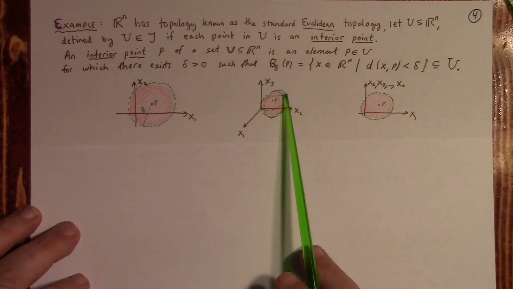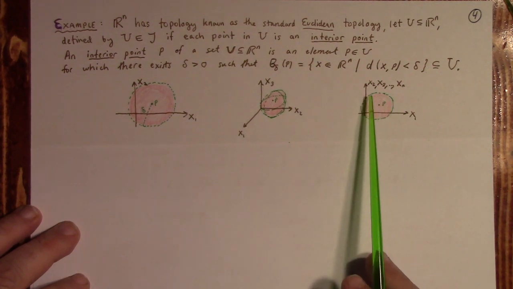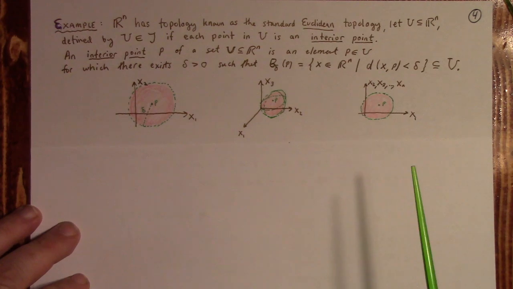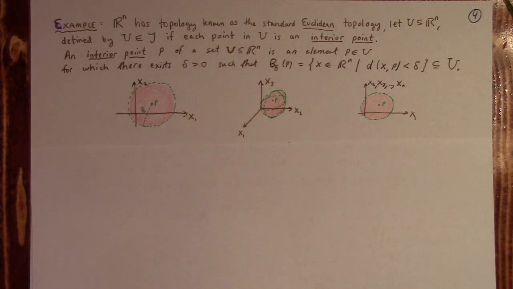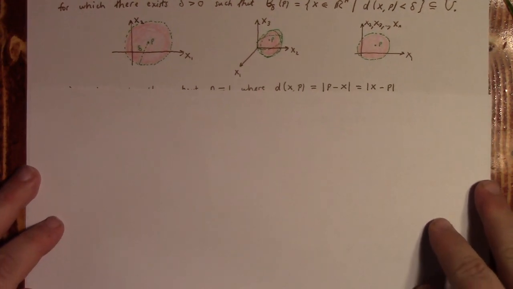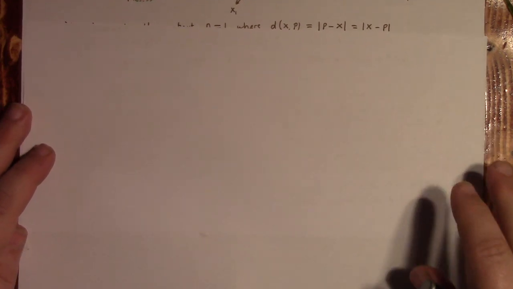An open ball is like a fuzzy ball, so the edge is fuzzy and the center is P. Here's my silly n-dimensional picture. Same idea. That was supposed to be a circle. I tried. Anyway, you notice here I can do this thing called shading, which is super awesome, not possible on the whiteboard, sadly. Now here's a little bit more complicated example, and then I'll be done with this video.